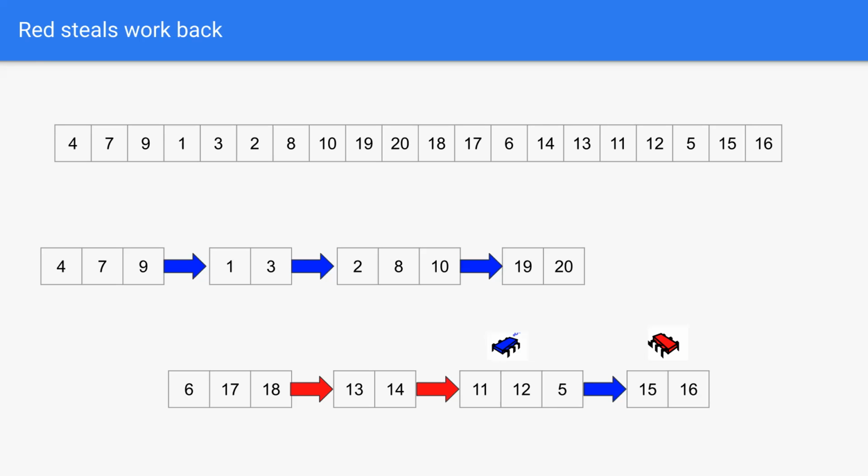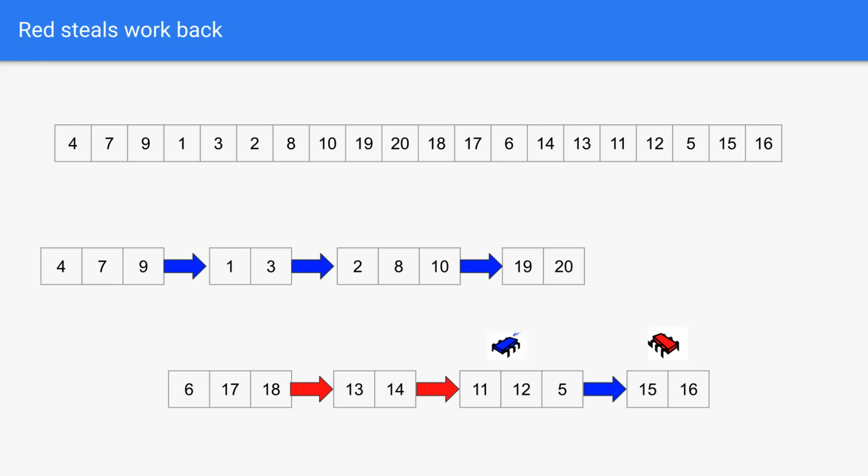And this can help a thread that got swamped with a bunch of really difficult-to-sort arrays from being the bottleneck for everybody, because everyone else can come in and steal once they're done. And red can come back and say, okay, now that I've finished my thing, I'm going to steal this back. And basically it ensures maximum throughput.